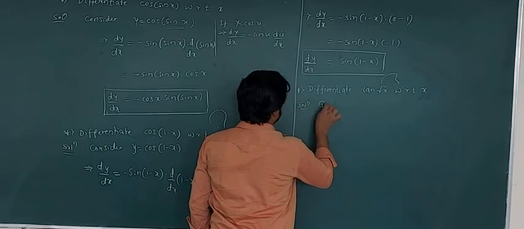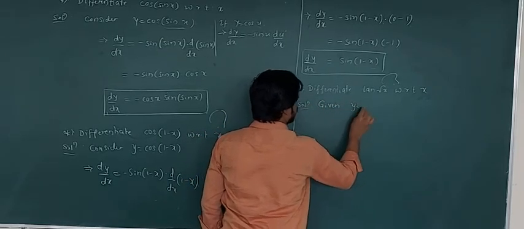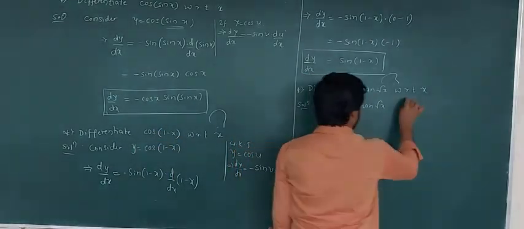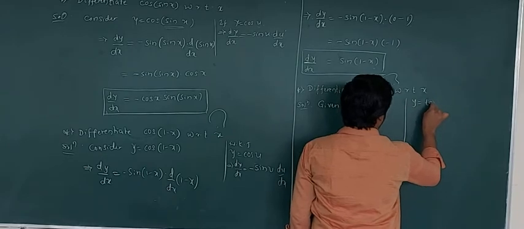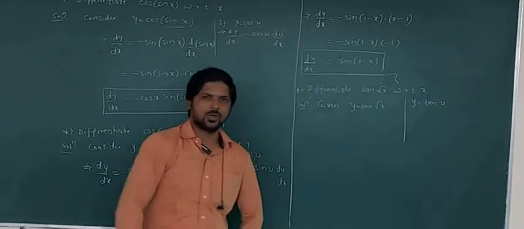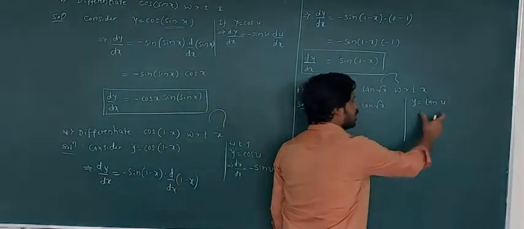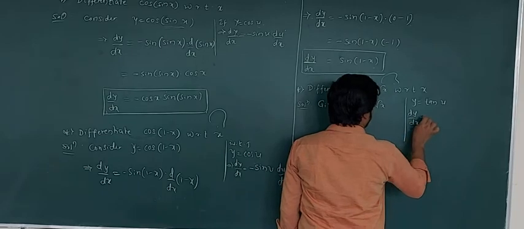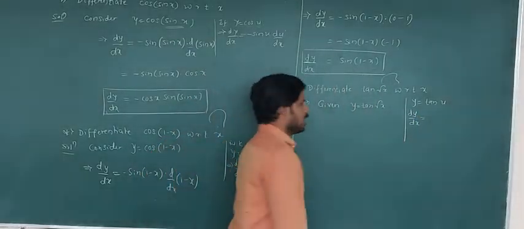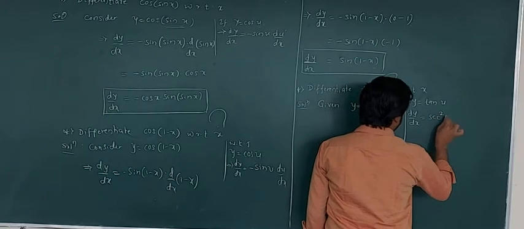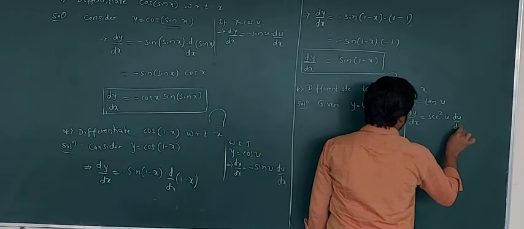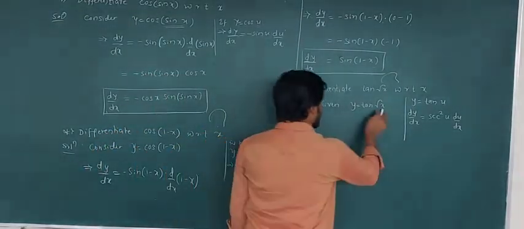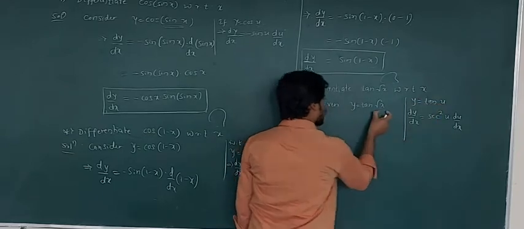So here given is y equal to tan root x, and we know that if y equal to tan u, then dy by dx is equal to, tan differentiation is secant square u into du by dx. So comparing these two, we have in place of u we have root x.